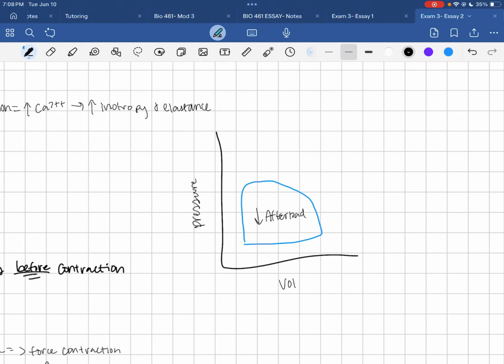So if you have a decrease in afterload, actually, let me tell you what afterload is before I actually talk about the decrease.